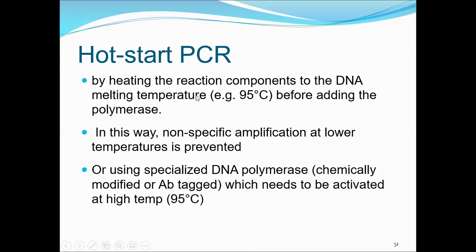What you can do is, after the denaturation step is done, you can pause and then add the Taq DNA polymerase, and then again go ahead with the annealing and extension steps.